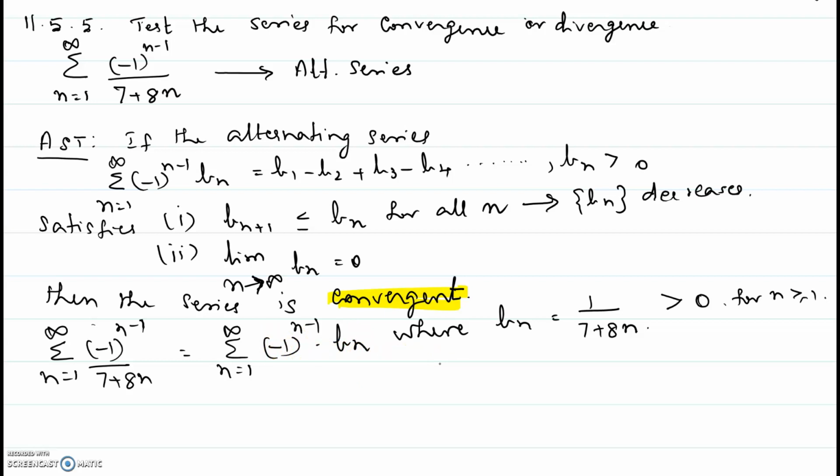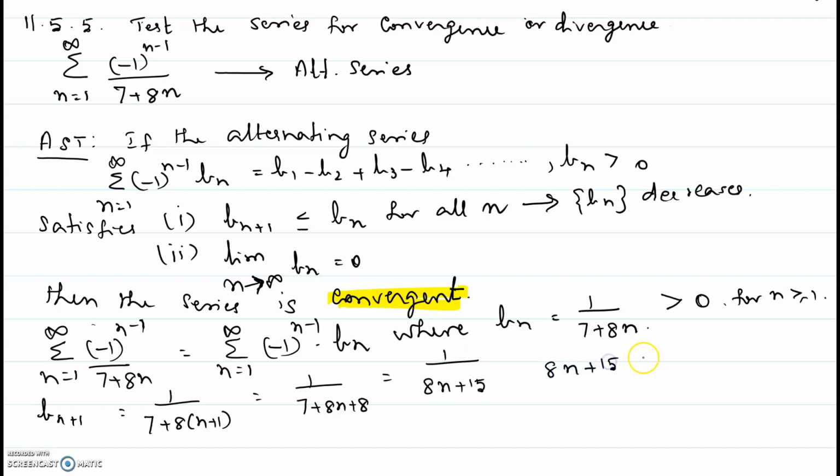And then we should also establish the first condition, which is the decreasing nature. In this case, it's easy to establish the decreasing nature of the sequence. All we have to do is consider bn plus 1, which is 1 over 7 plus 8 times n plus 1, which is 1 over 7 plus 8n plus 8. If you distribute the 8, that's 1 over 8n plus 15. So we notice here 8n plus 15 is obviously more than 8n plus 7.